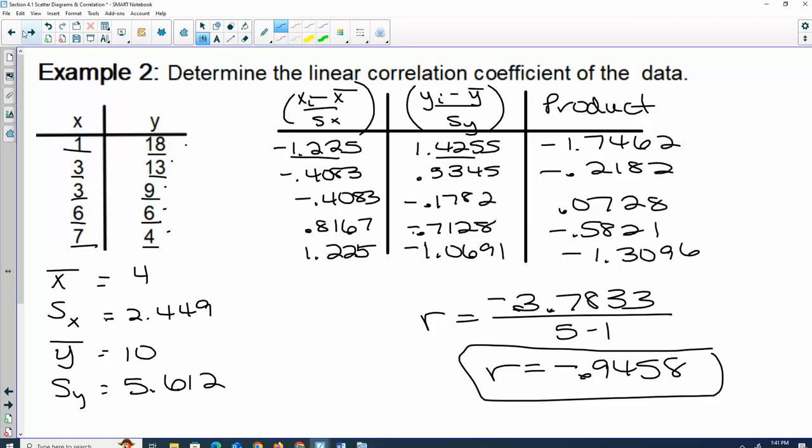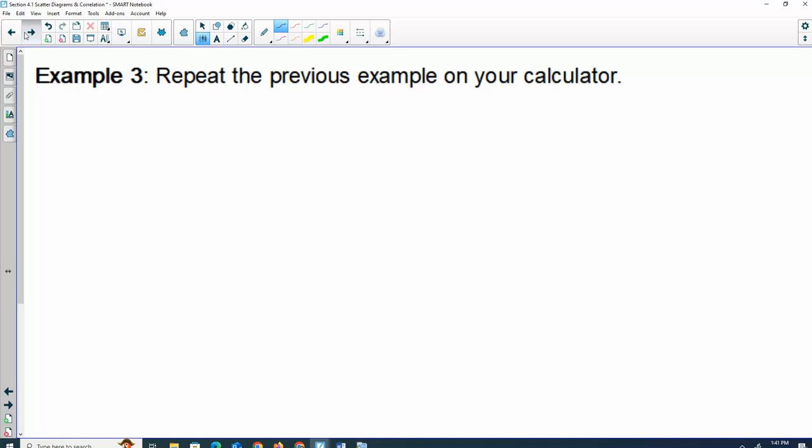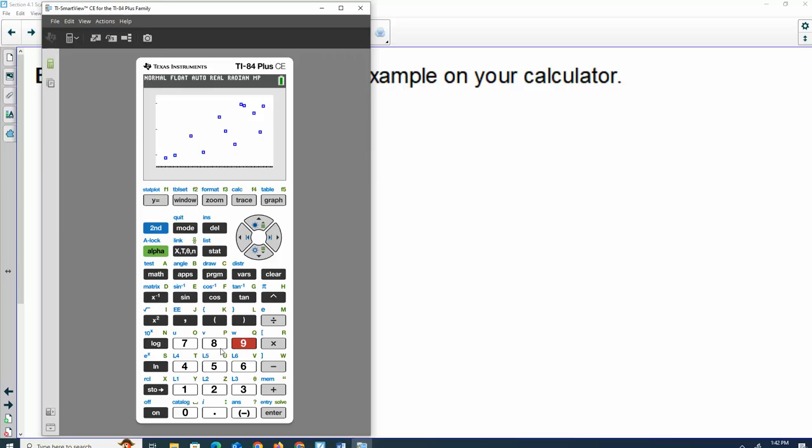So, in general, we need to know how to do this on our calculator to help speed the process up. So, we've got all of our data entered. And I may have to change some settings on your calculators. This is a one-time thing. We have to turn something on. Once we turn it on, it'll stay on unless we reset the memory on our calculator.